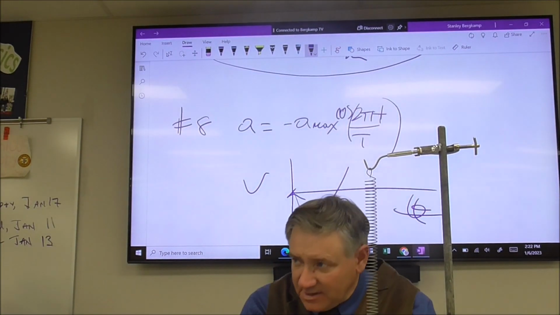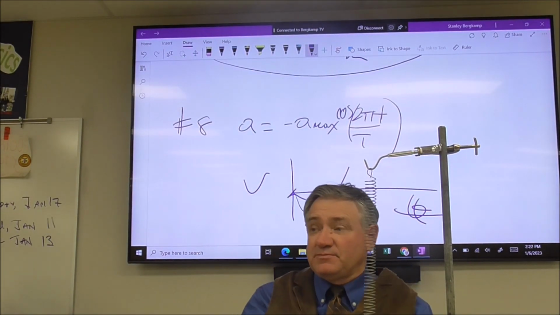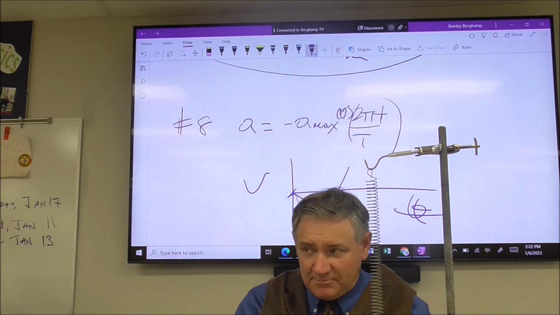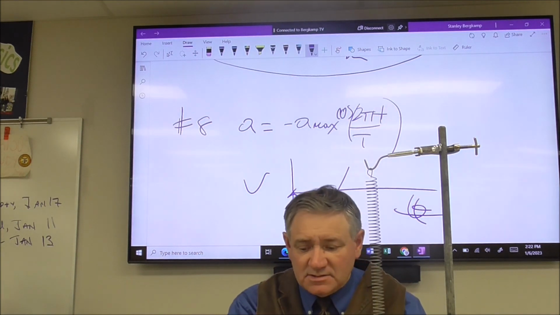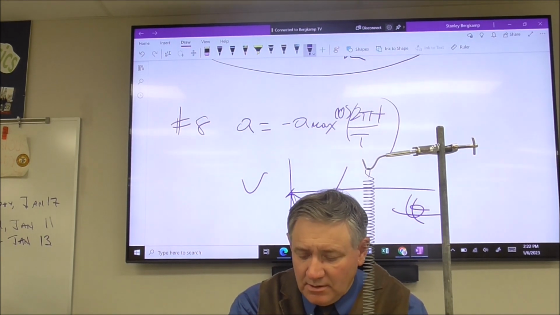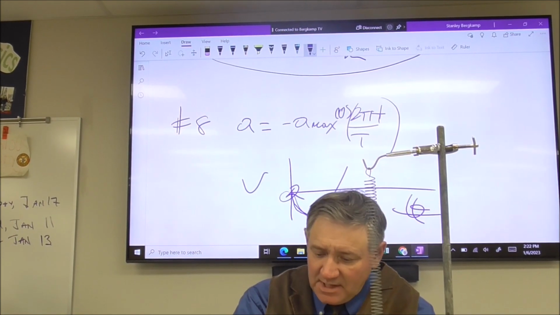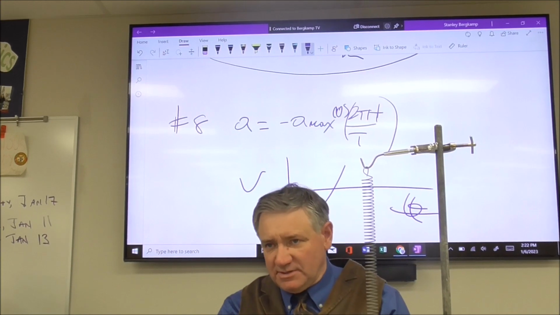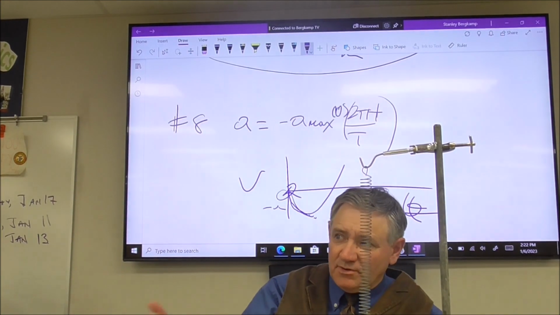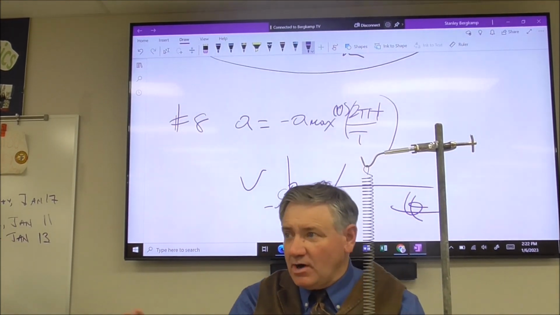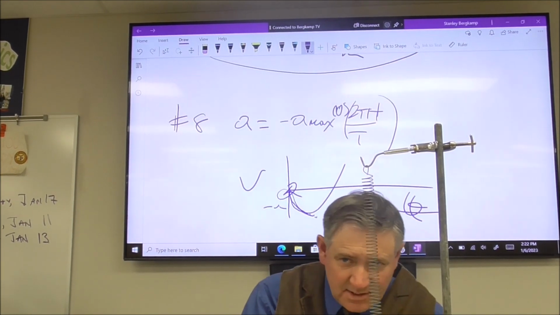Remember that the slopes of your velocity time graph are your accelerations. So if you think, oh, look, I have negative velocity and I'm speeding up, I'm going to have negative acceleration. Or if you look at your function equations and see that you're going to generate negative values.